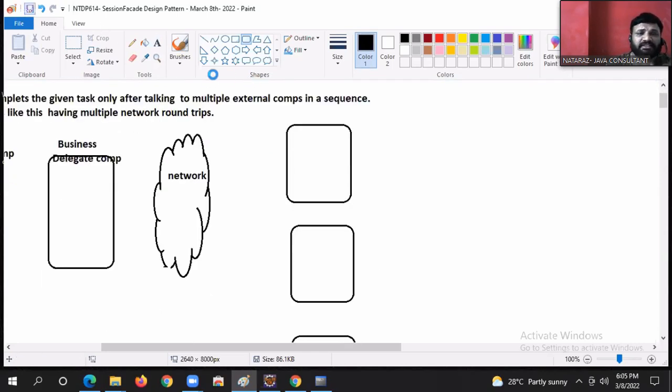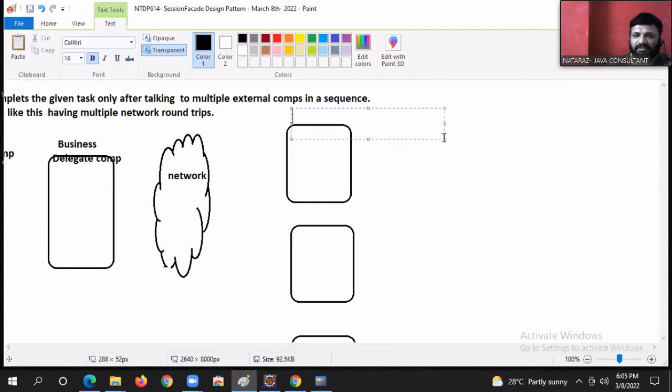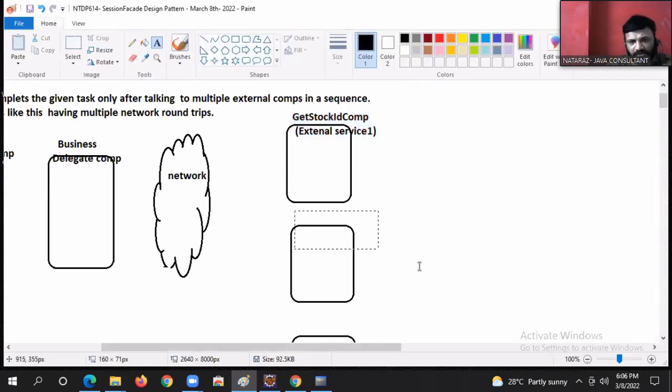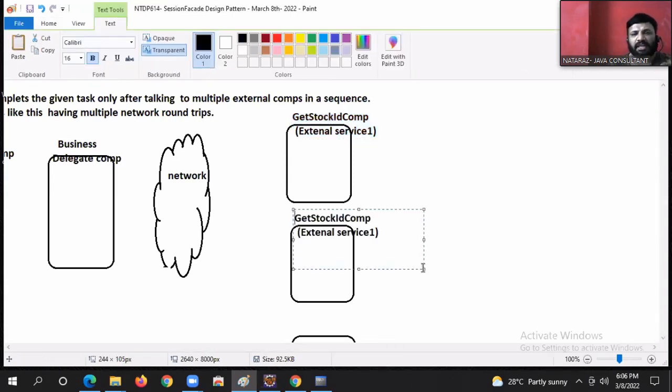What are these external components? External component 1 is capable of getting the stock ID. Get stock ID, external service 1. Get stock value component, external service 2.